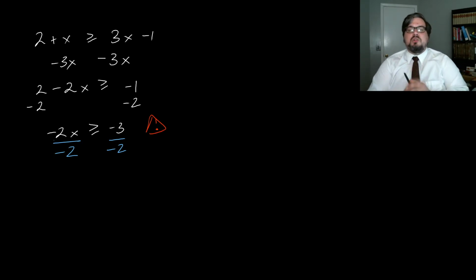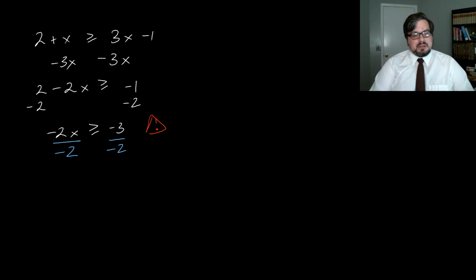Whenever you multiply or divide by anything when working with an inequality, you need to check: did I multiply or divide both sides of my inequality by a negative number or a positive number? If you multiplied or divided both sides by a positive number, then the direction of the inequality stays the same. If, however, you multiplied or divided by a negative number, you have to switch the direction of the inequality.